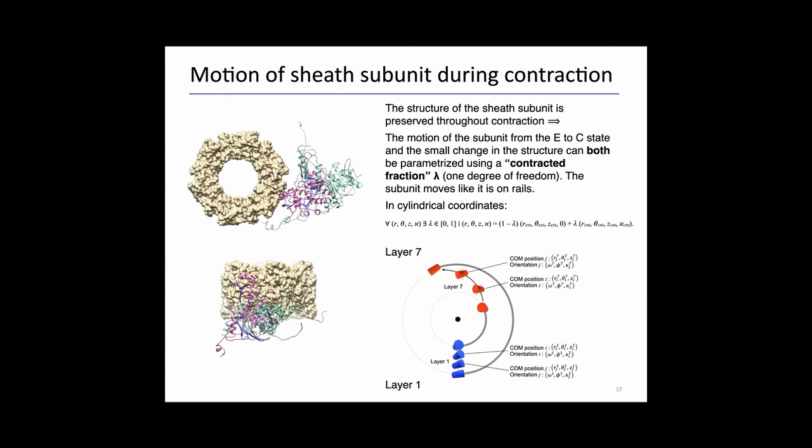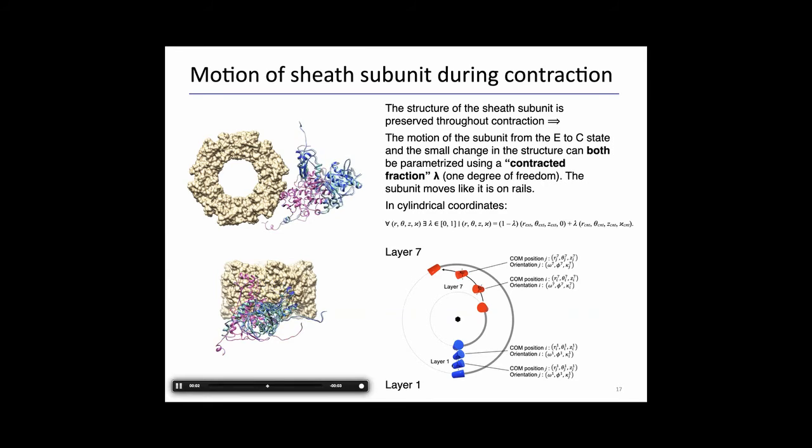So what is important here is that we use the shortest path for the subunit to go from the extended to the contracted state, and it means we can parameterize the deformation of every layer using just one parameter, this contraction fraction.